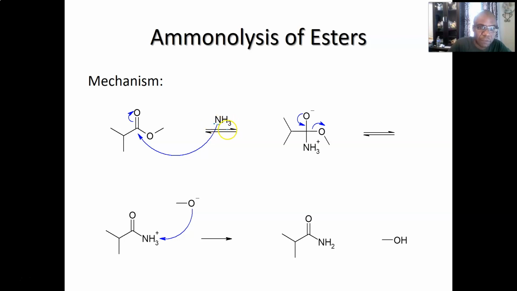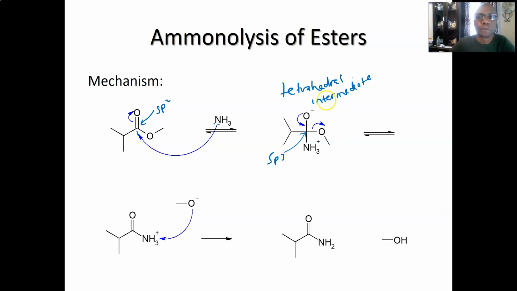The lone pair of nitrogen attacks the carbonyl of the ester. Carbonyl opens up. You started again with sp2, which is trigonal planar. You end up with sp3, which is tetrahedral. That's a tetrahedral intermediate.